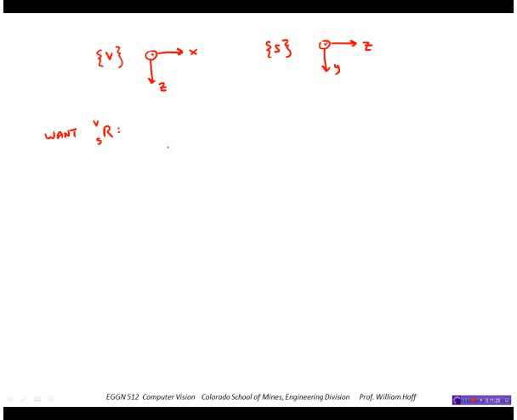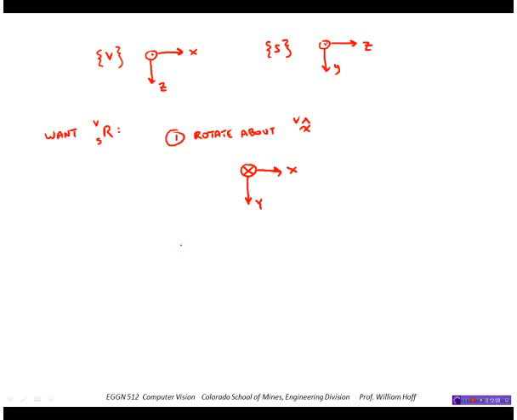So the first step then is rotate about the x-axis of the vehicle. We are going to rotate 90 degrees about the x-axis, and that's going to put the y-axis of the vehicle pointing down and the z-axis pointing in.